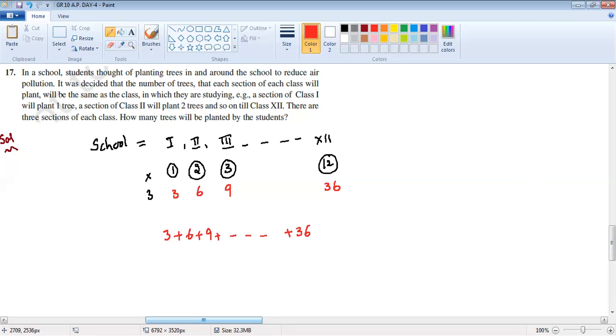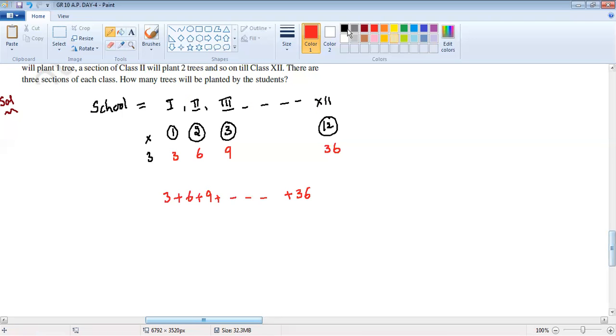up to 36. Now see, A value is 3, D value is 6 minus 3, which is 3, and N value is 12. We can use the Sn formula. The second Sn formula also we can use: N by 2 into A plus L. See, N by 2 is 12 by 2, into 3 plus 36.